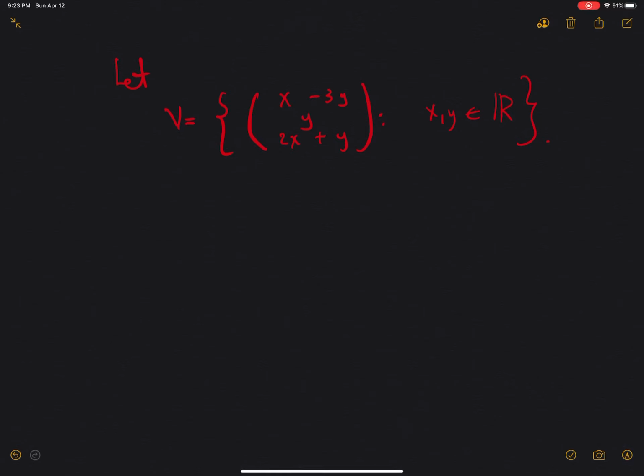And let's try to prove or show that V is a subspace of R3.